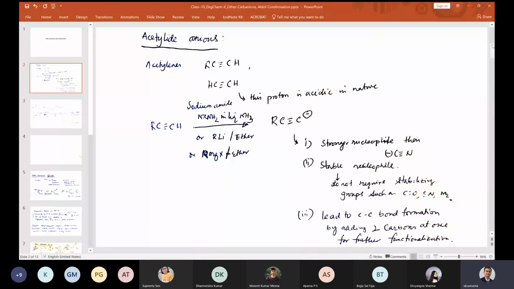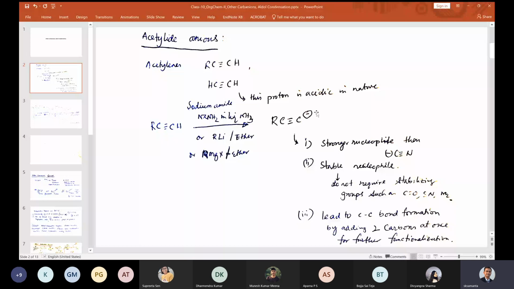Yeah, we take this acetylene or functionalized acetylene. In this case, this carbon is sp hybridized, which makes this proton acidic in nature, which you already know. Now, if we add some base, that base will pick this proton and it will lead to acetylide anion. What kind of base can we use?